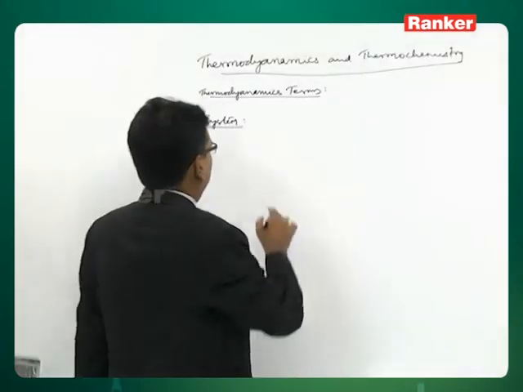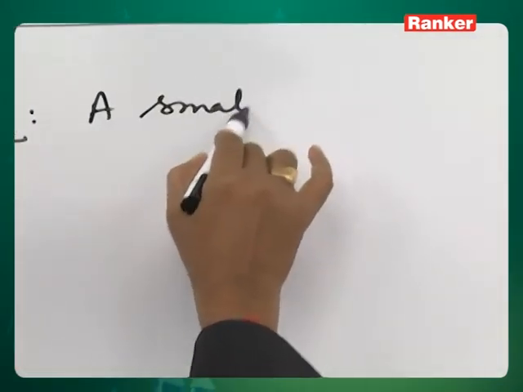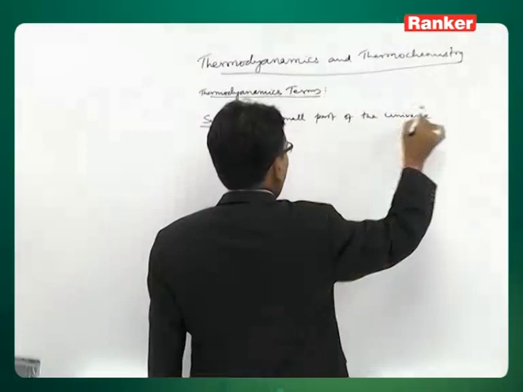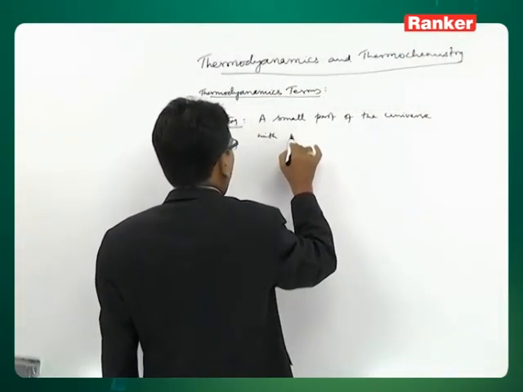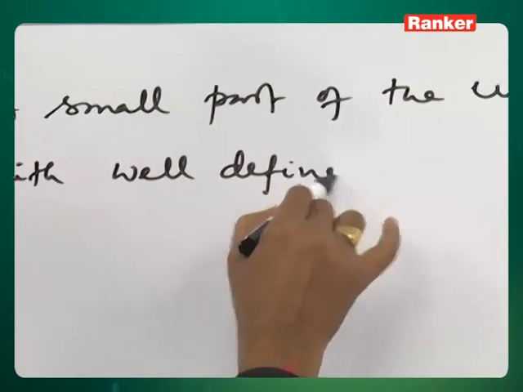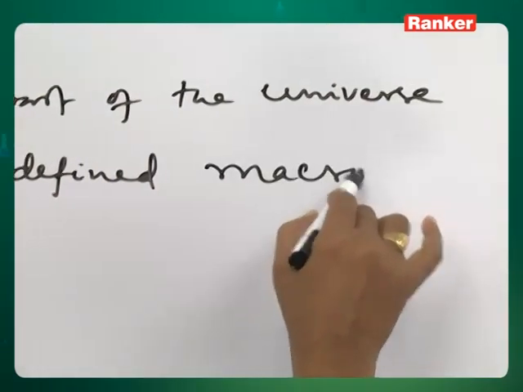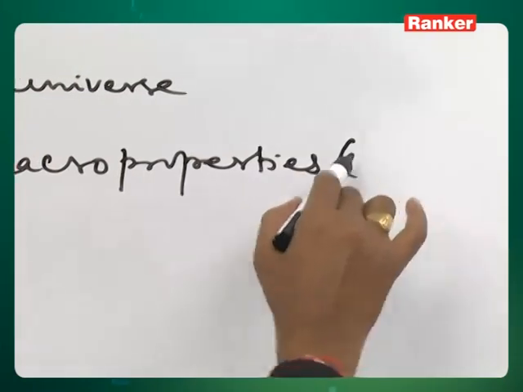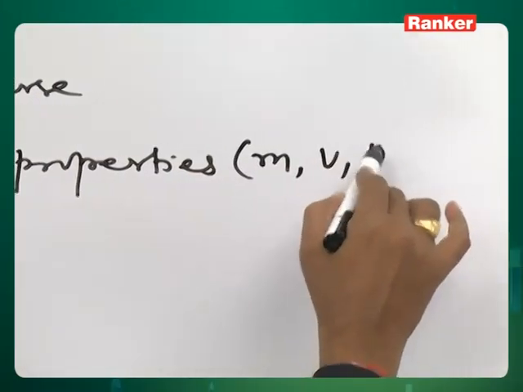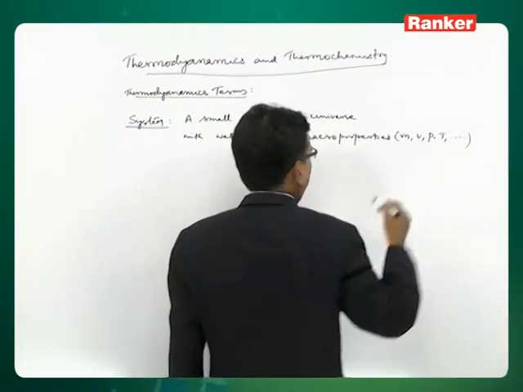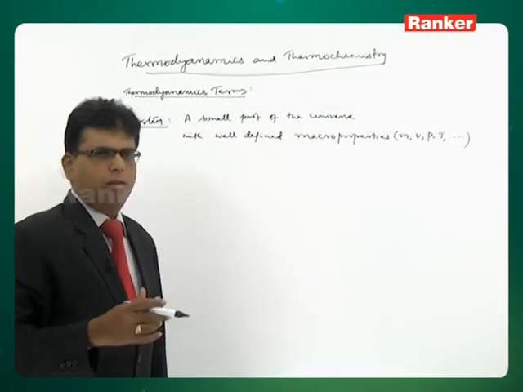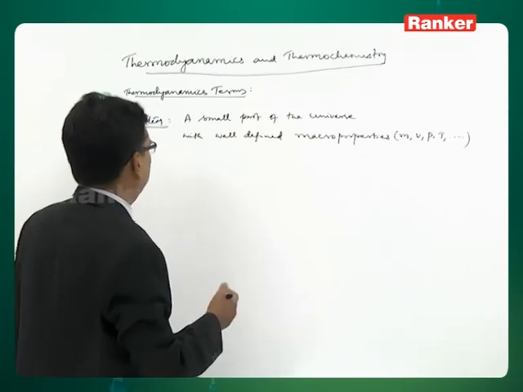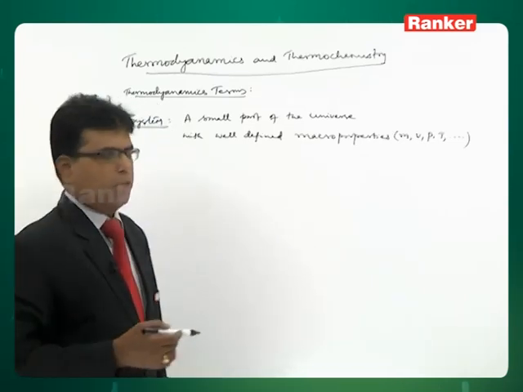A system is a small part of the universe with well defined macro properties like mass, volume, pressure, temperature, density, area, or any measurable property.